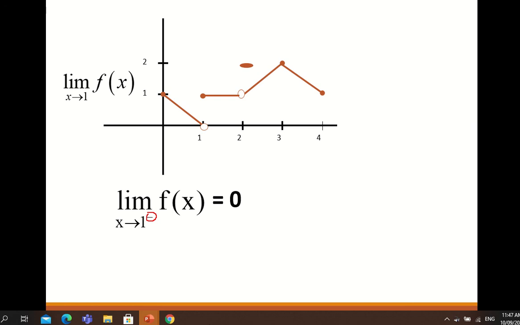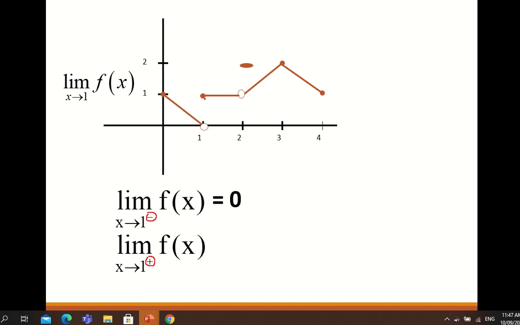Now, considering the other part of the graph, we have to consider the limit of the function as x approaches 1 from the right. So let us trace the graph. From the right, we have this graph going in this direction, then it goes down and becomes flat towards 1.